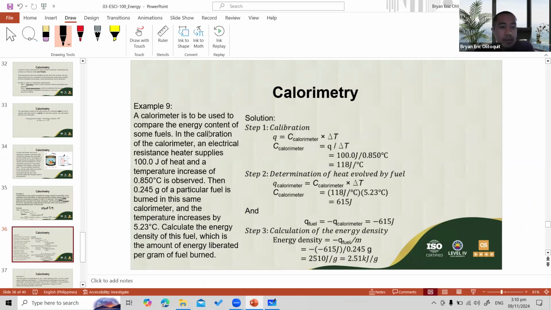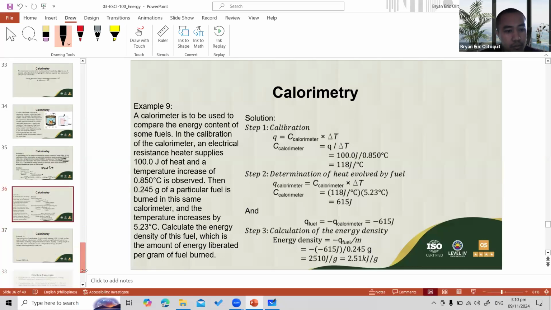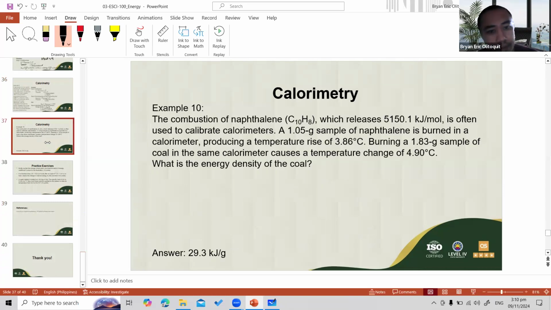Another one, a calorimeter is to be used to compare the energy content of some fuels. In the calibration of the calorimeter, an electrical resistance heater supplies 100 joules of heat and, ano na pala, solution na ito yung solution pala kanina. Okay. Ayan.